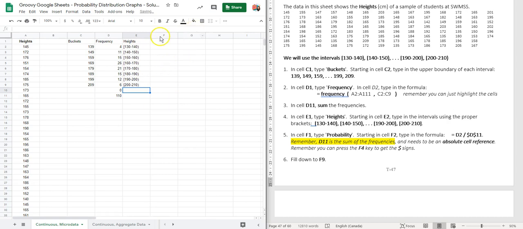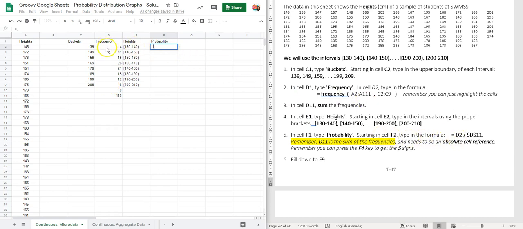So that's what's going to end up going on our x-axis. Now in F1, we're going to type in the probability. Before you just called this relative frequency, but probability is the same as relative frequency. And starting in F2, we're now going to turn all of these frequencies into percentages.